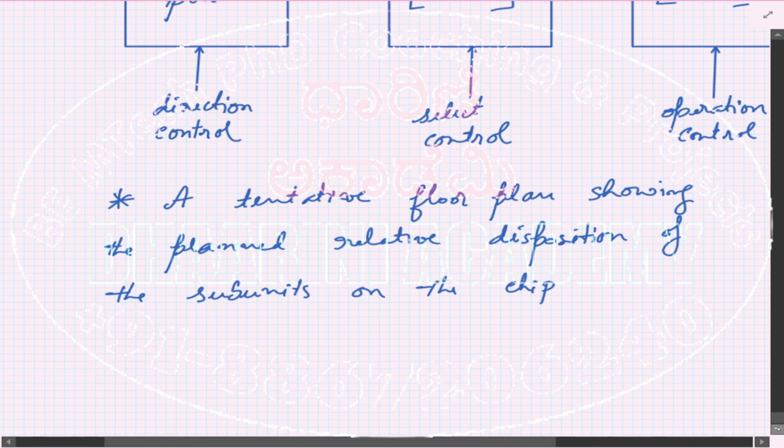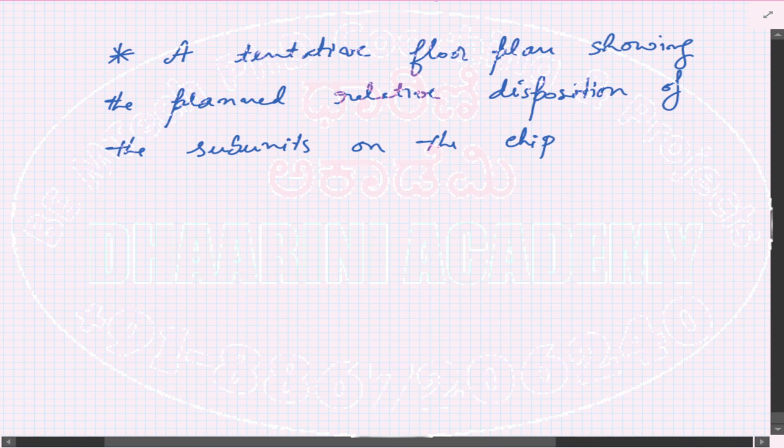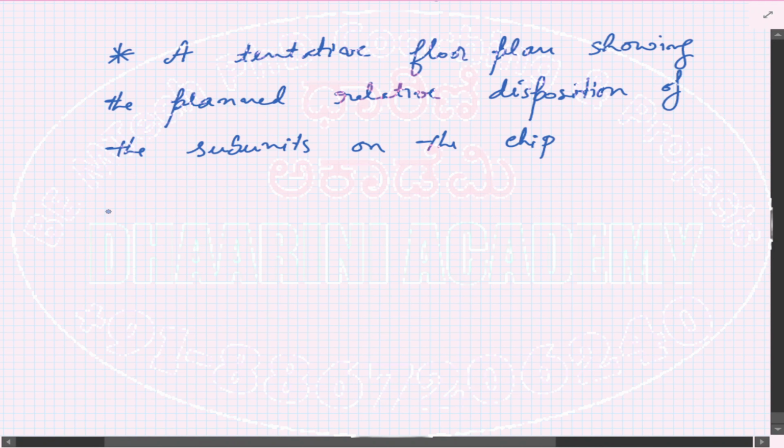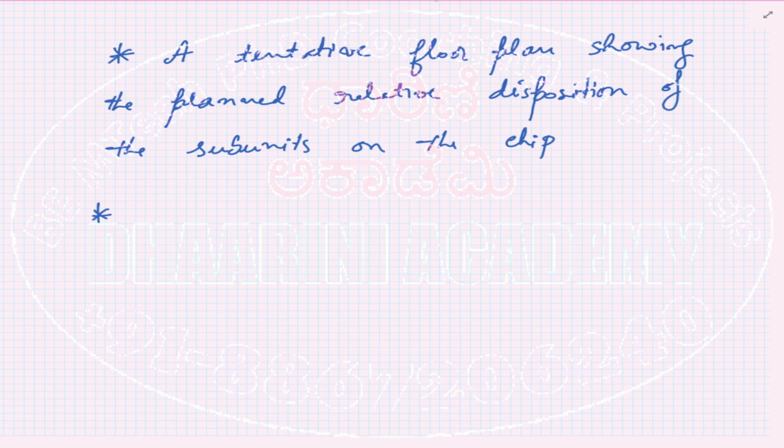You need a proper layout to get the masks prepared before you start with the process. What we do now is decide about the architecture of the bus linking the subunits. We know that there are so many subunits, right? Each subunit can be connected to one another using one of the several available bus architectures.